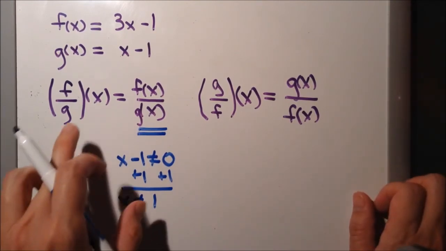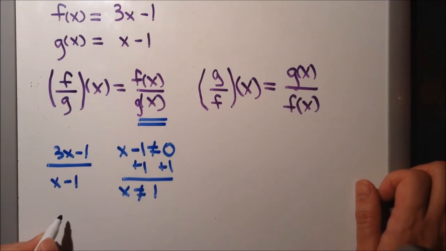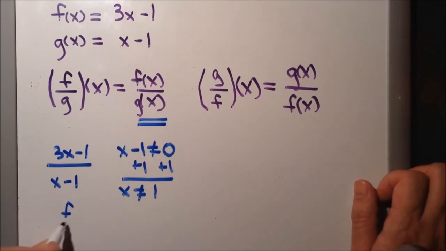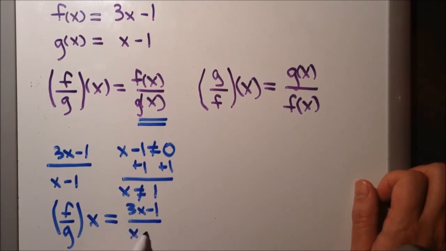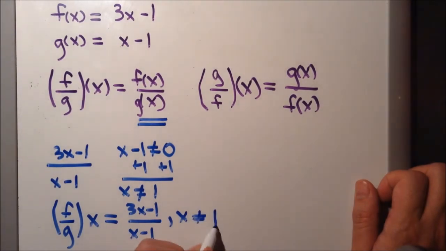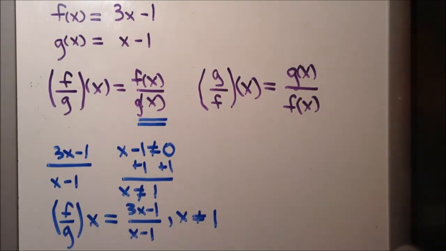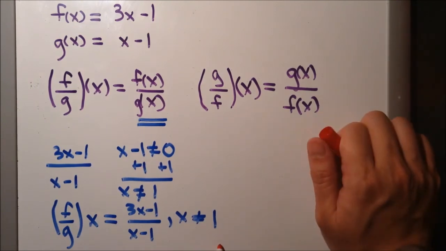So this one right here, f divided by g of x equals 3x minus 1 divided by x minus 1, where x does not equal 1. So that's your answer. And again, you would just box that, but I want to box the whole thing.